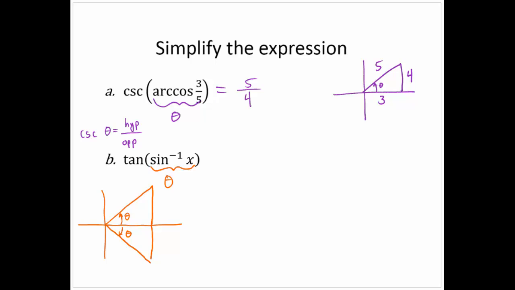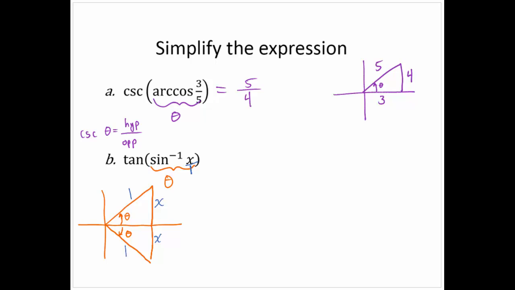And so I'm going to think of that x as an x over 1. For the sine to be x over 1, that's an opposite over hypotenuse. So I can have the x here and the 1 here. Or if my x is negative, then I would have the x and the 1 in those respective positions.